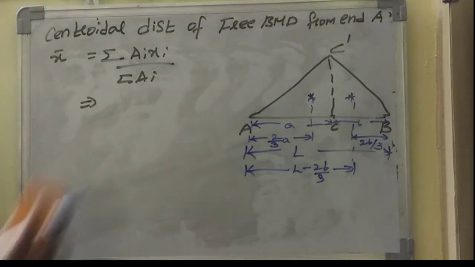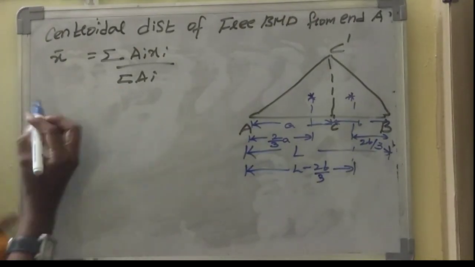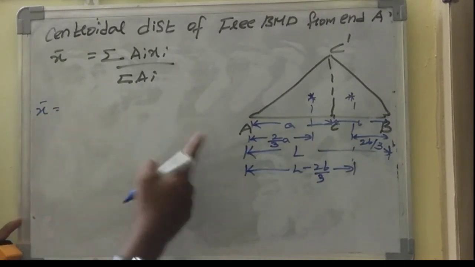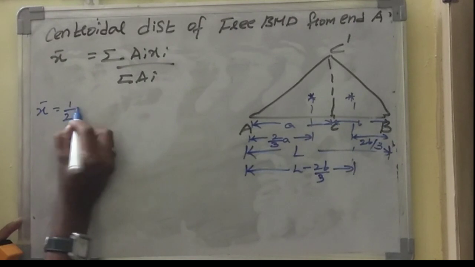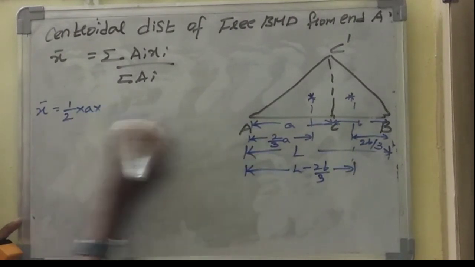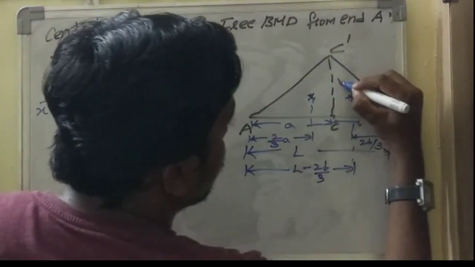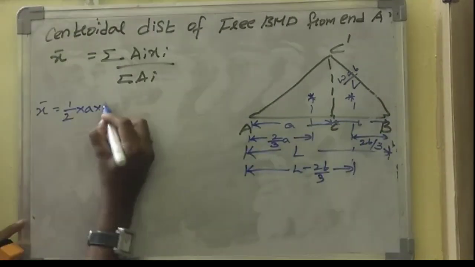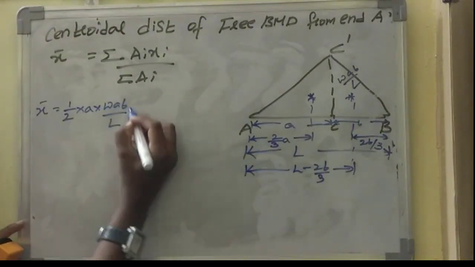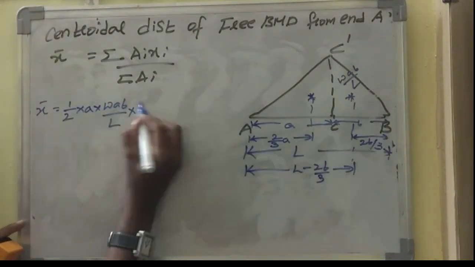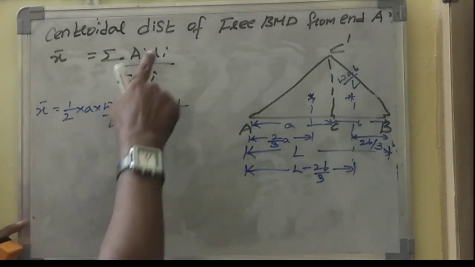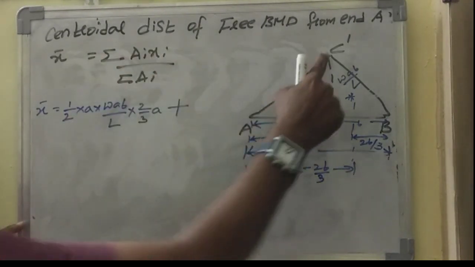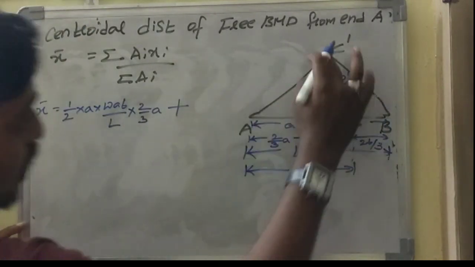See here, I am taking the first triangle AC C dash: area half, base is A, height is this WAB by L, into what about its distance? 2 by 3 A, plus I am taking this C dash B. What about the distance?